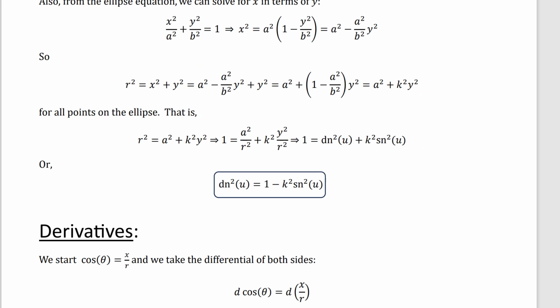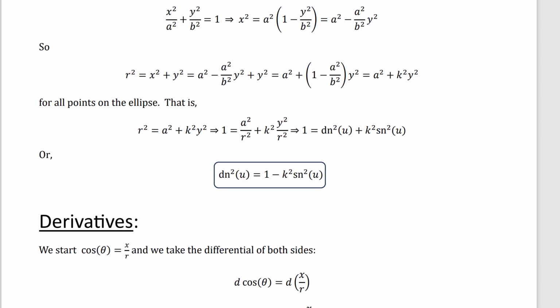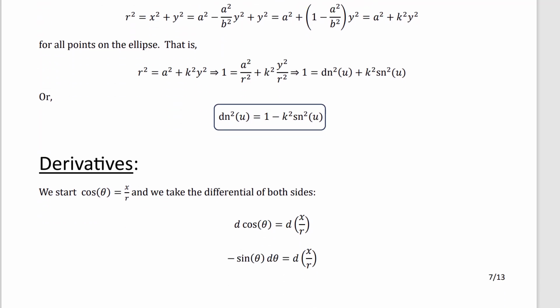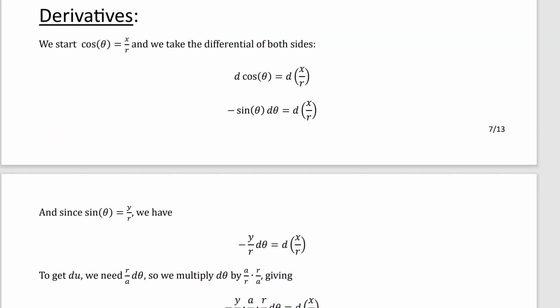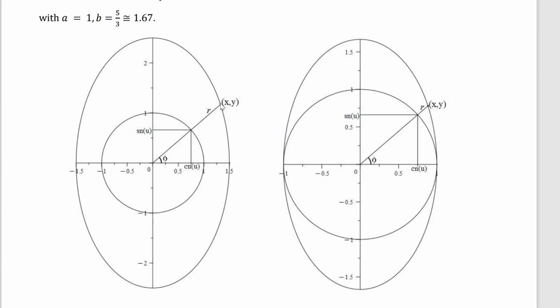And now for derivatives, I could actually do it through the graphing way. Maybe I'll show that, but if we want to do it a different way through the ellipse, then we'll start with the fact that for any point on the ellipse, x will just be r cosine phi. I mean, that's standard polar equation stuff.